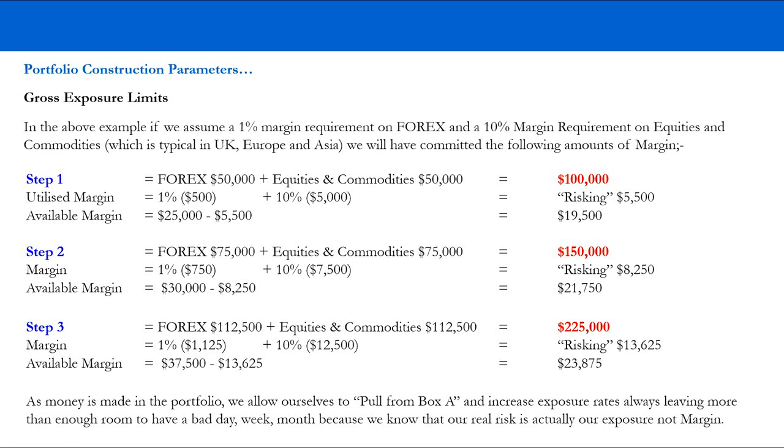We're pulling from box A. However, we're actually decreasing risk as well, because in the example, we're actually increasing the amount of positions and diversification. So as money's made in the portfolio, we're allowing ourselves to pull from box A and increase exposure rates. But at the same time, we're always leaving more than enough room to have a bad day, a bad week, a bad month, because we know that our real risk is actually our exposure and not our margin.